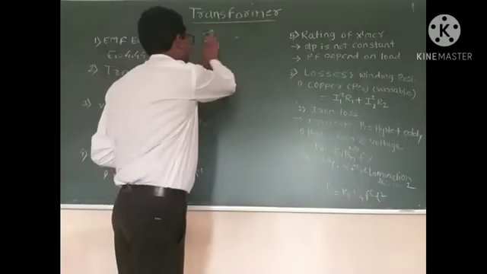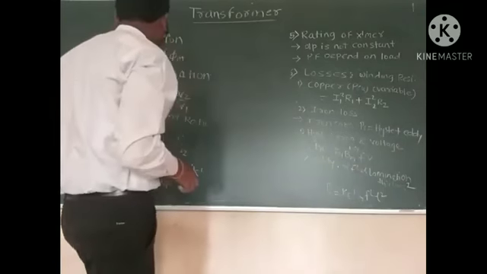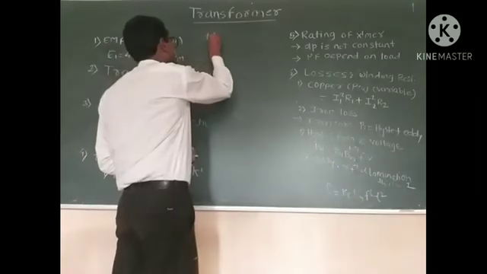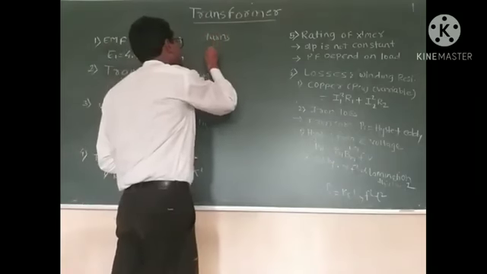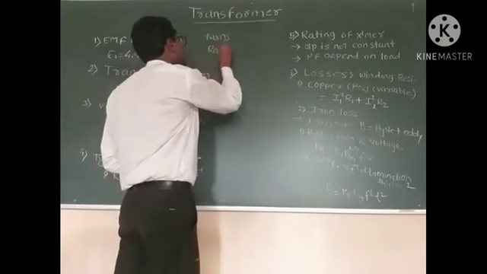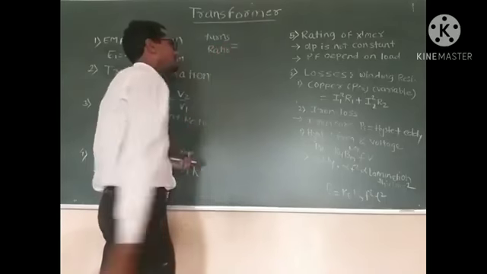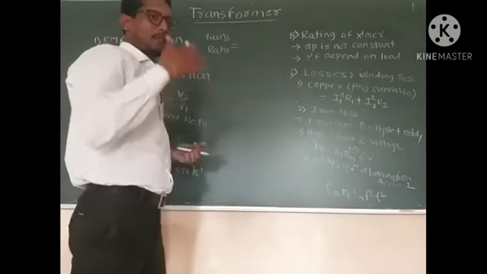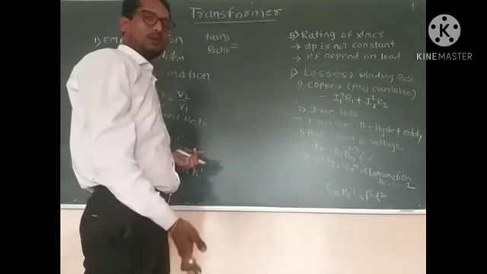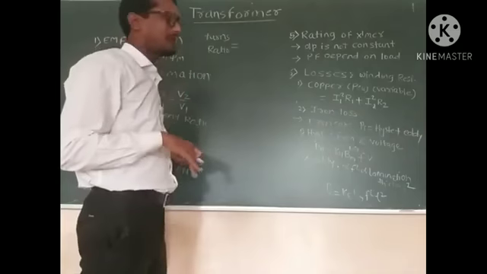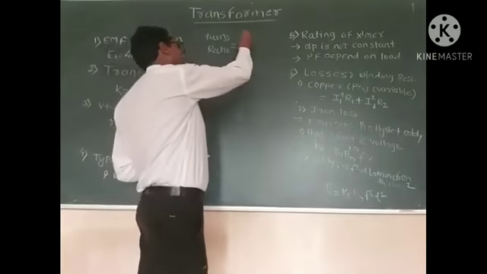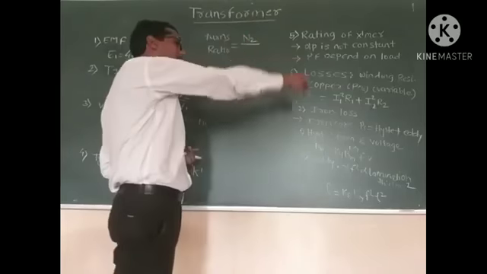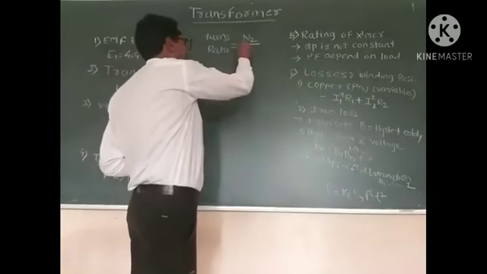Okay. After that, the third definition is turns ratio. The turns ratio is defined as the number of turns of secondary winding to the number of turns of primary winding. The number of turns of secondary winding is denoted by N2, and the number of turns of primary winding is denoted by N1.